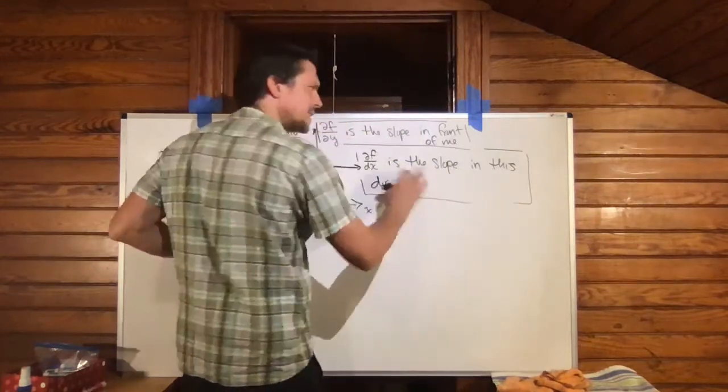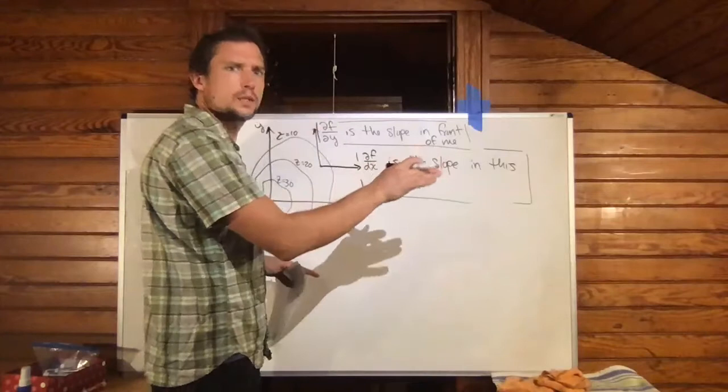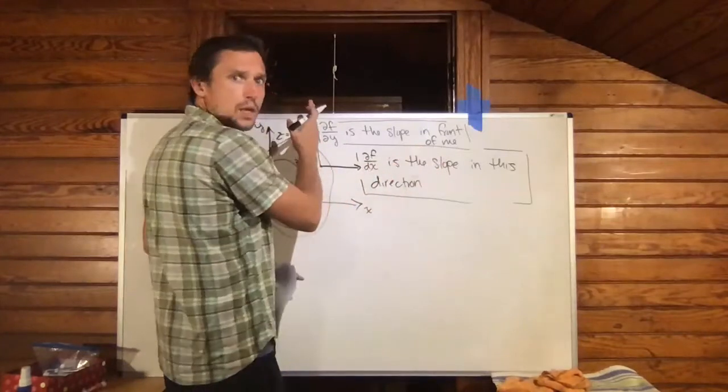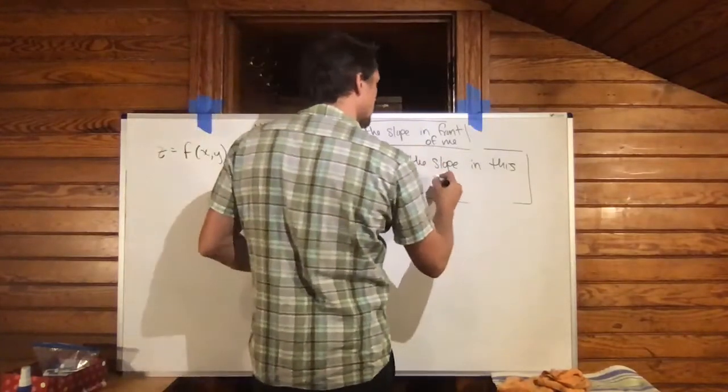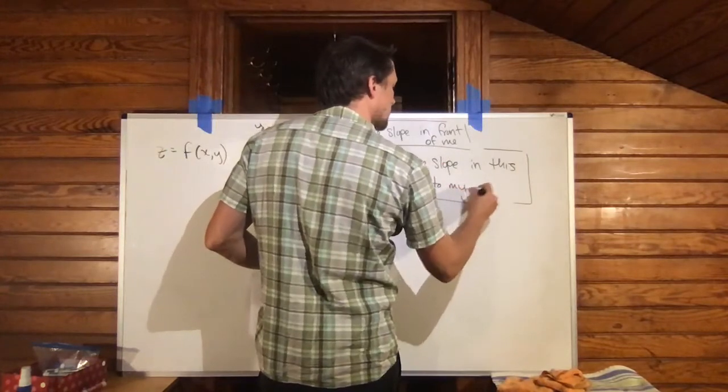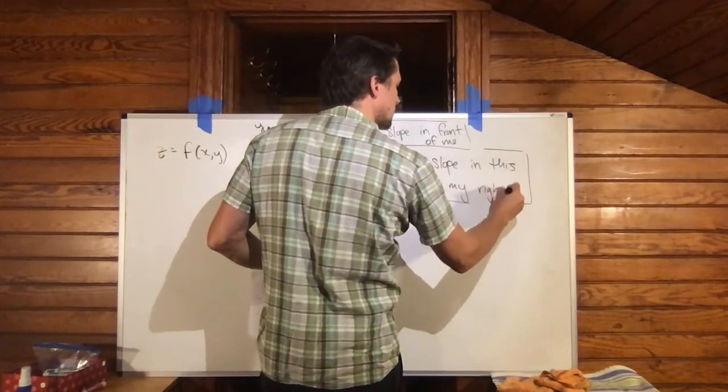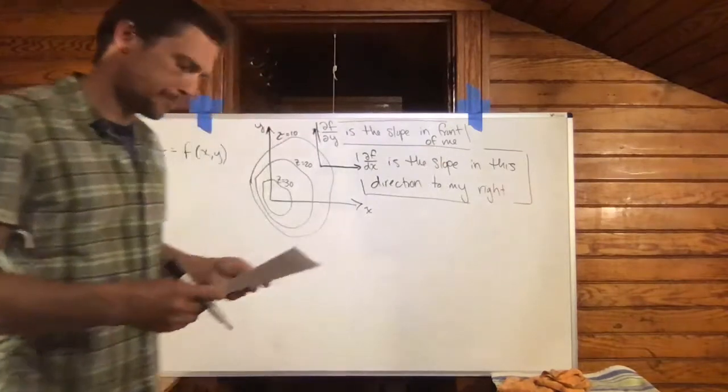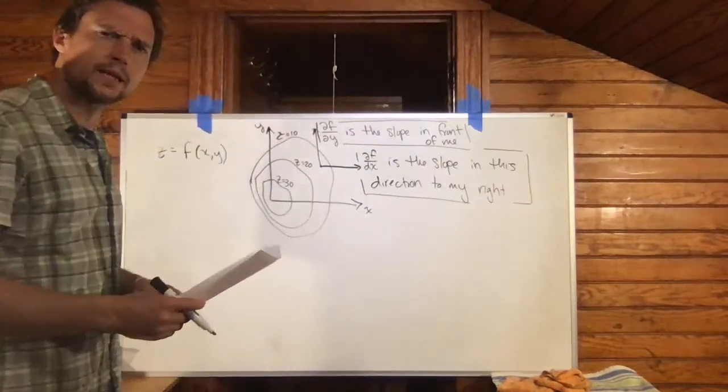And so when I say df/dx is the slope in this direction, if I were facing in the positive y direction, it would be to my right. Okay? Why does that make sense?